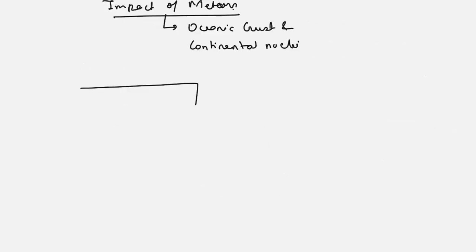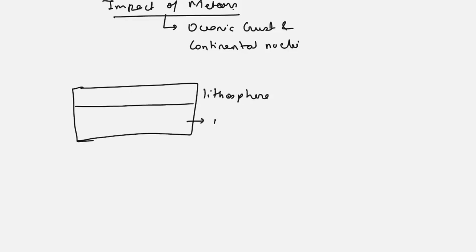Now, after this, we see how meteorite impact occurs in the contemporary phase. For example, this is the surface of Earth. Here we have the lithosphere. Here we have the asthenosphere. Now, whenever a meteor strikes any region, what will happen in this condition?